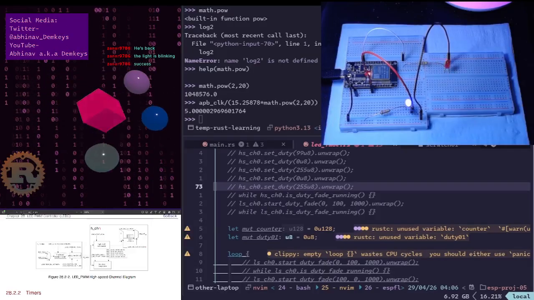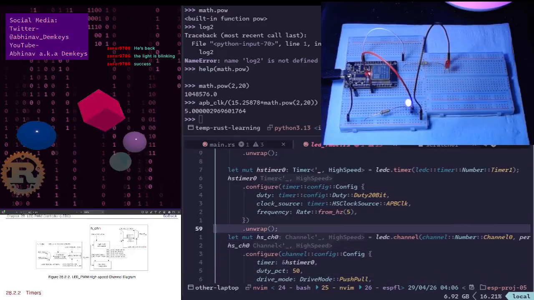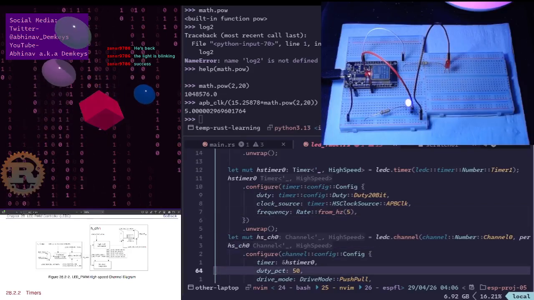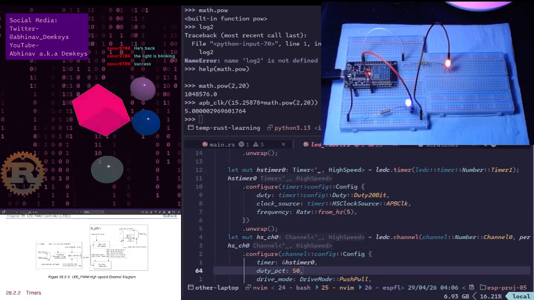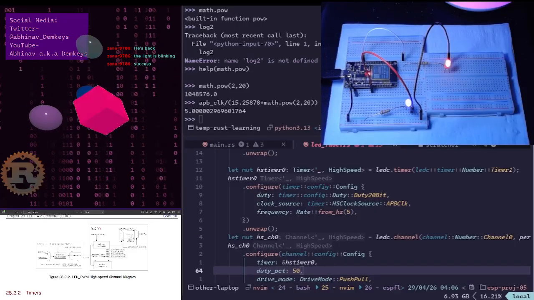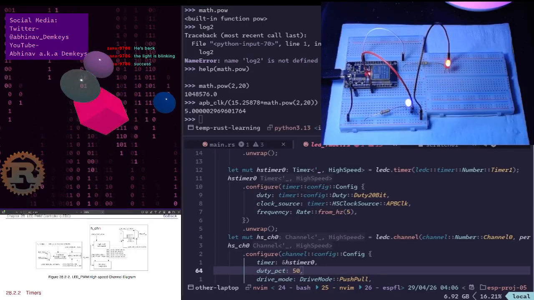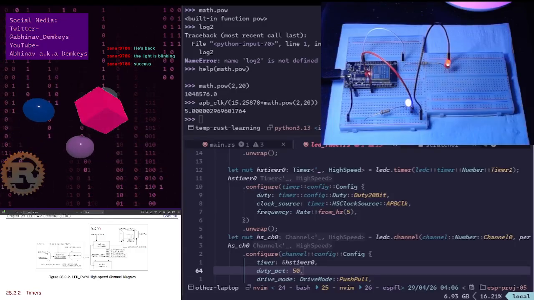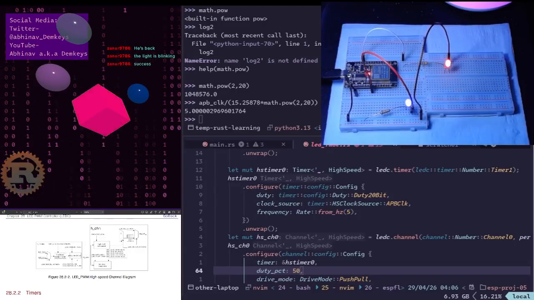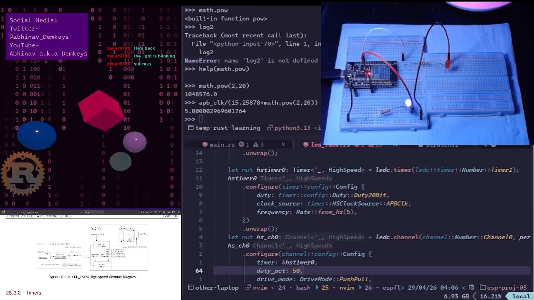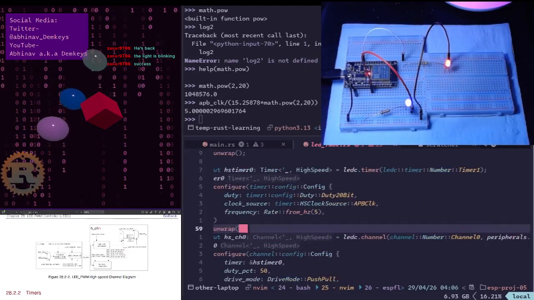I'm just passing a 5 hertz PWM frequency with a duty percentage of 50%. So each pulse is half on and half off. So half of the pulse's duration will be on and the other half will be off, and then we'll have five such pulses throughout the second. That's why we see a blinking kind of thing going on here.